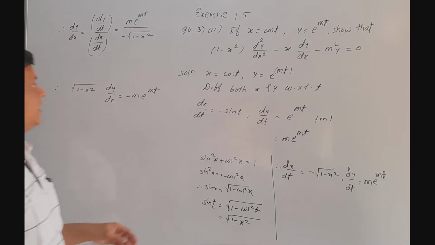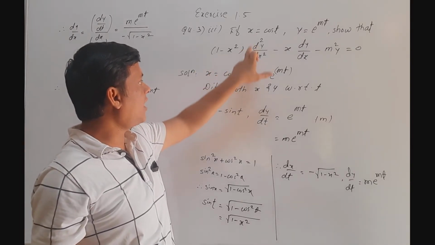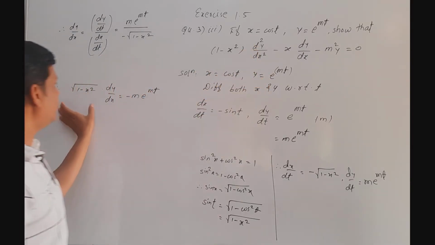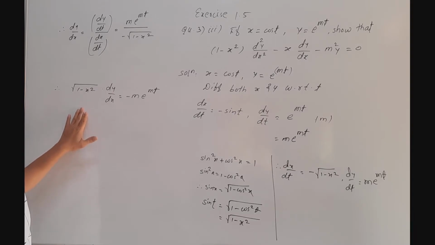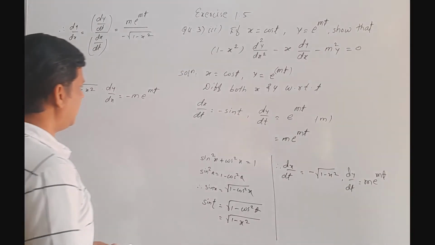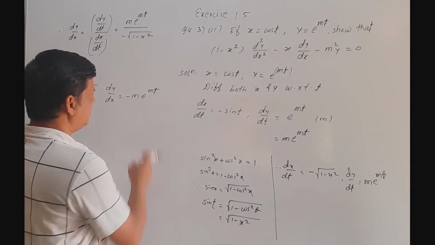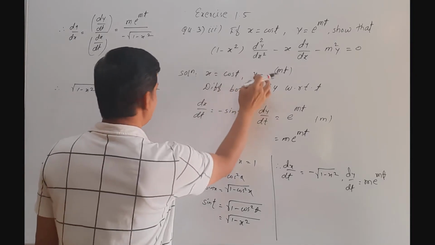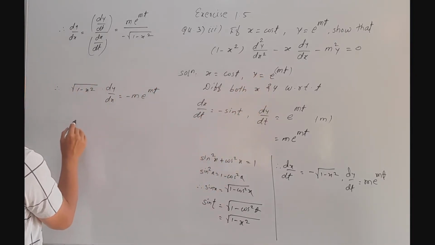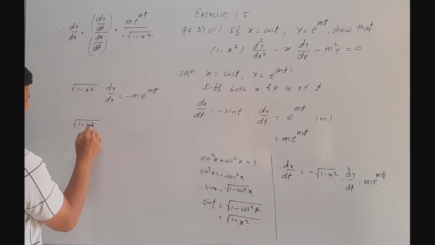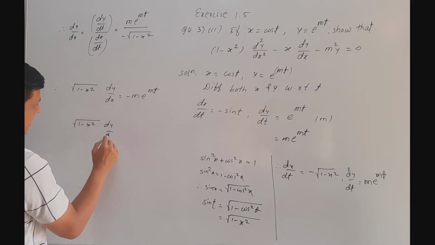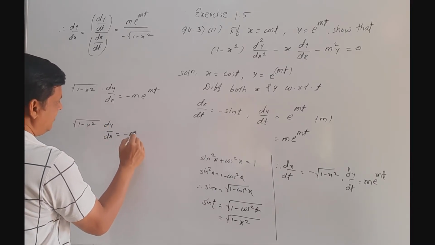Now we require here 1 minus x square d2y by dx2. Here the value is in root. So for removing root we have to take square on both sides. So before taking square on both sides we write e raised to the power mt as y here. So write this as root of 1 minus x square dy by dx is equal to minus m into y.